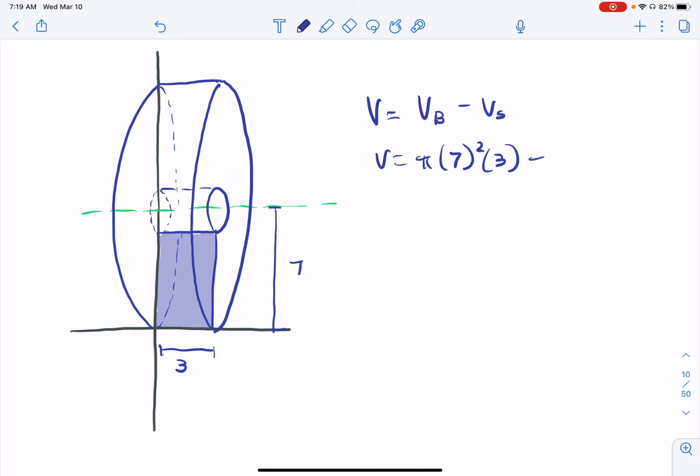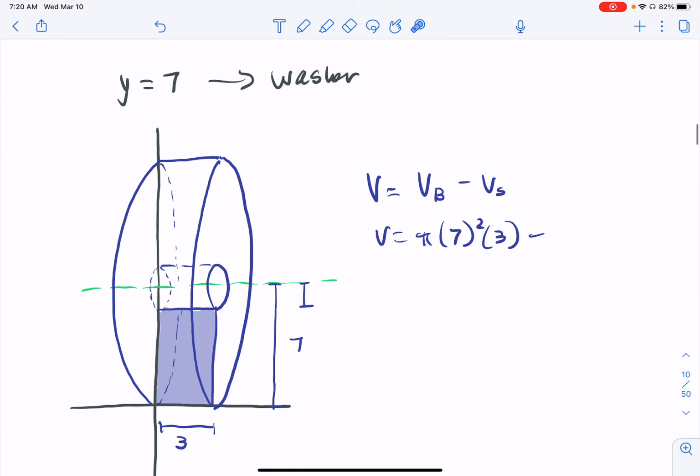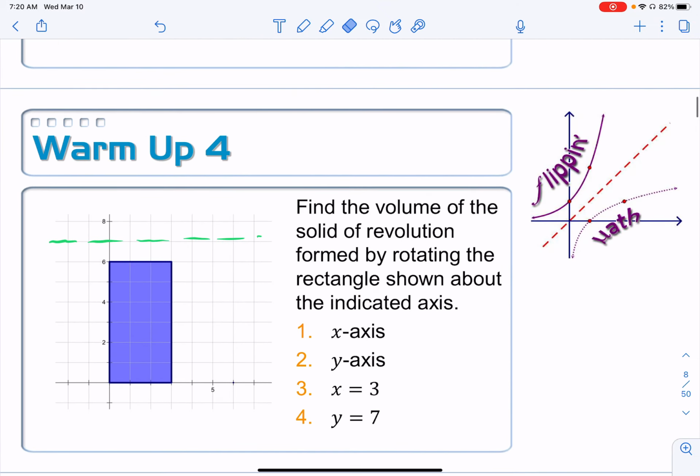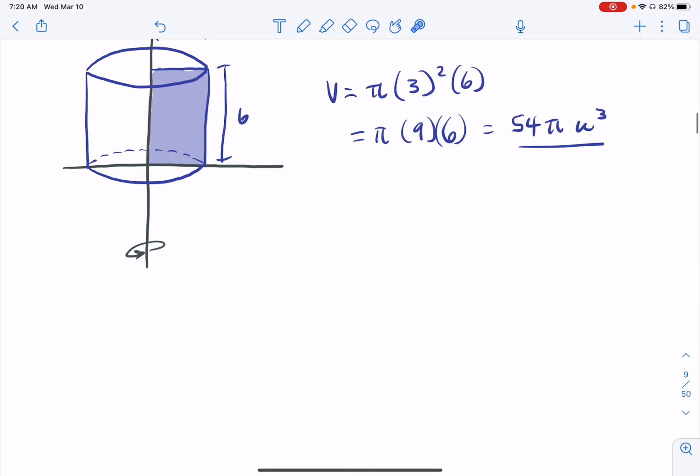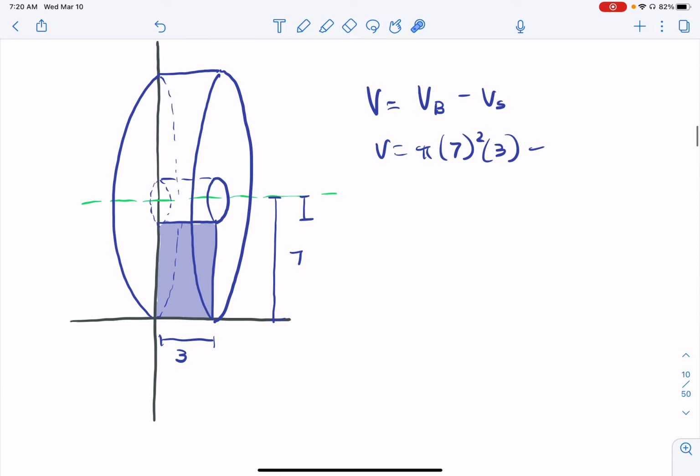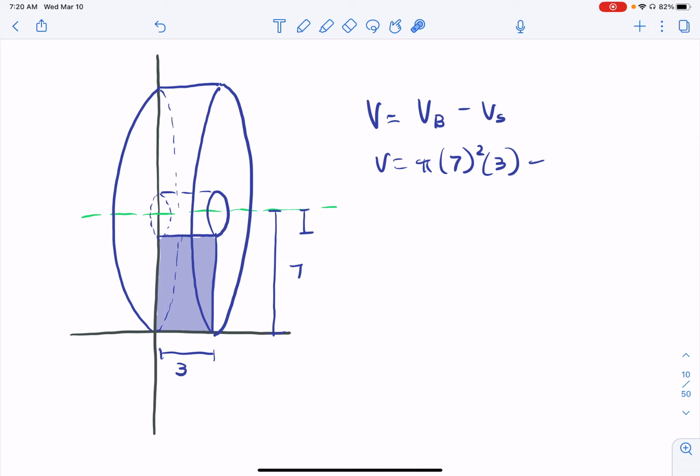Minus, all right, and then I'm going to take away the hole. The hole extends from this axis of revolution down to the bottom edge of the hole, and that's 1, right? If I come back up here to this one, you can see that it's going to have a radius of 1, but it's still going to have a height of 3, the same exact height as the whole thing.